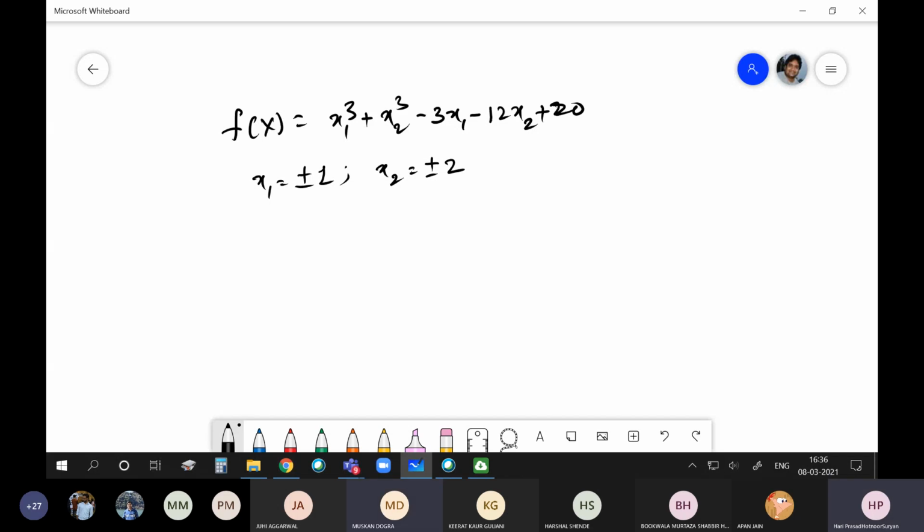Who else can I call? Rishav Sharma. Rishav, tell me now what is the nature of the objective Hessian matrix? Sir, I have calculated the values of x1 and x2 here. Okay, now you do it and tell me.